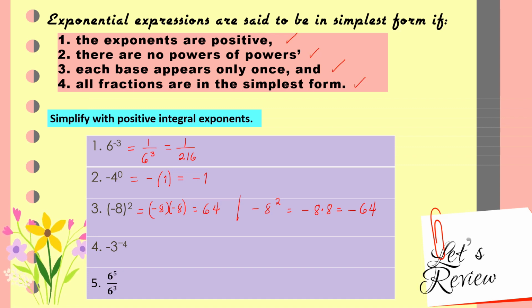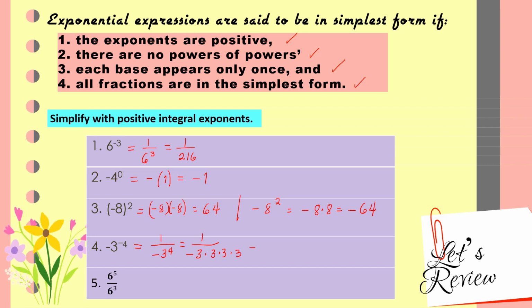Okay, next. Number 4. You have negative 3 raised to the 4th power. Again, meron tayong negative exponent. So, get the reciprocal. You have 1 over negative 3 raised to the 4th power. So, 3 raised to the 4th power is negative 3 times 3 times 3 times 3.